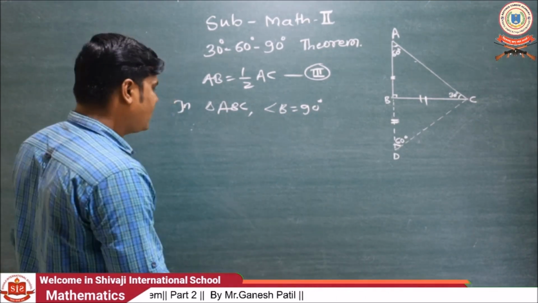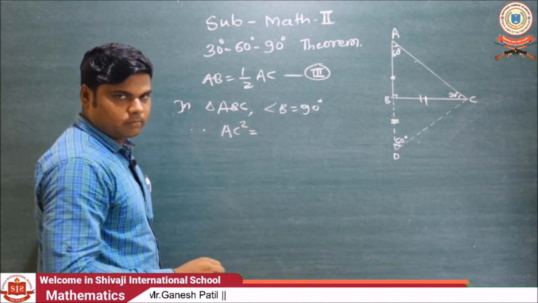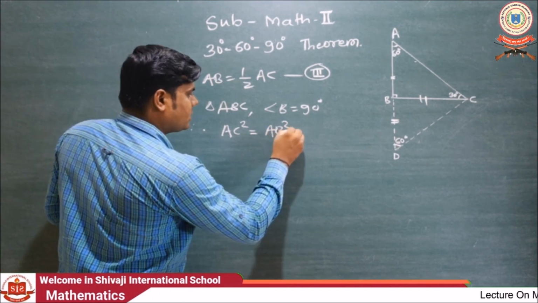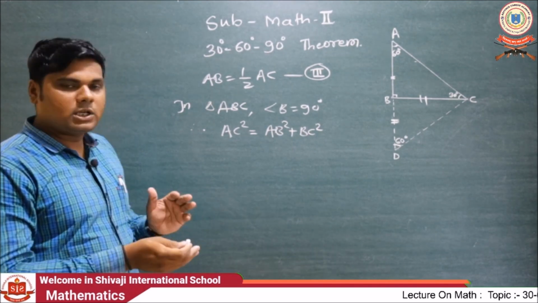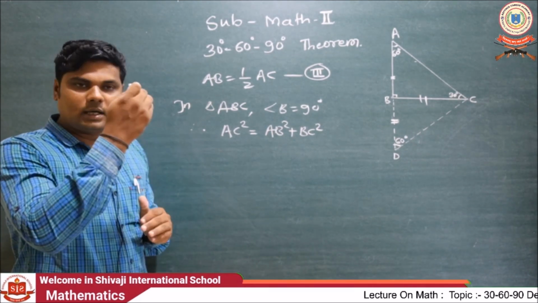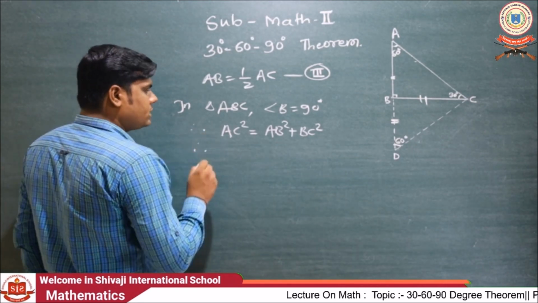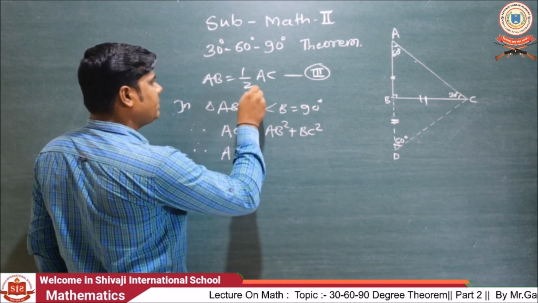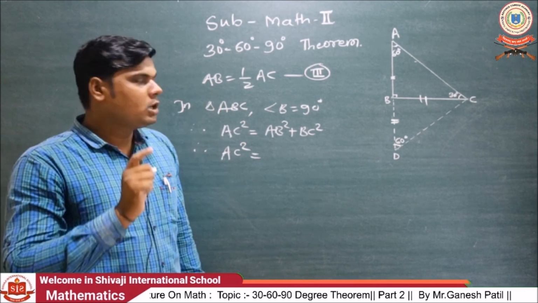So what is the Pythagoras theorem? AC square is equal to, means hypotenuse square is equal to AB square plus BC square. AB and BC are the remaining two sides of the right angle triangle and AC is the hypotenuse. AC square, write down as it is. Then AB square: we have the value of AB, and AB is equal to half of AC.